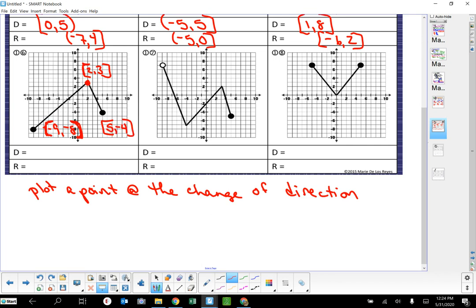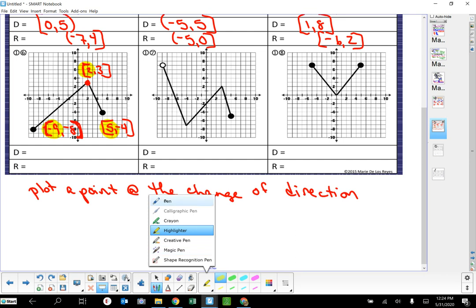Okay, so we're going to do the same thing we did before, but now you only need to include 2 of these points. So we're going to ignore one of them. Our X values are negative 9, 2, and 5. So we're going to go from least to greatest.